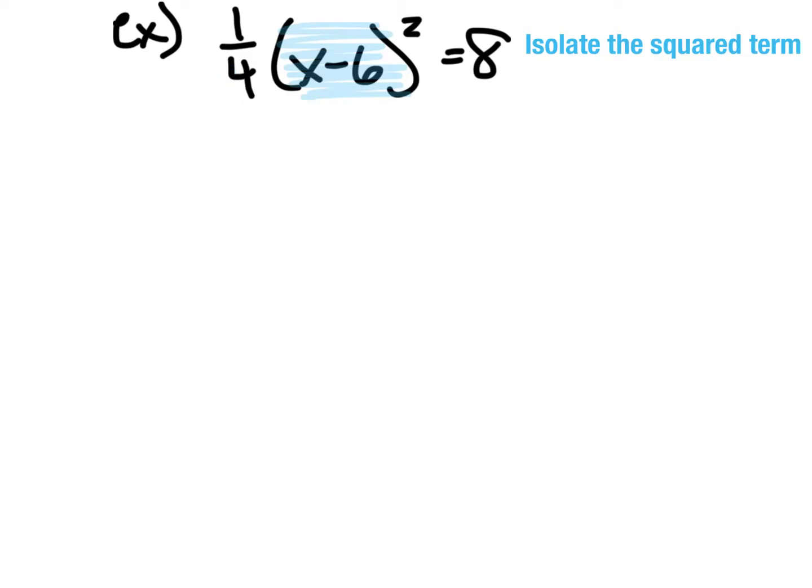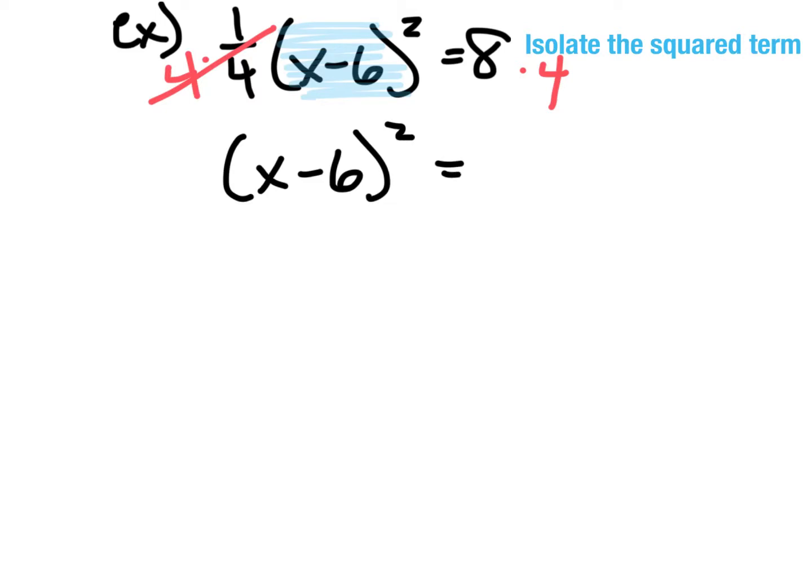How do we get rid of 1/4? Well, dividing by a fourth is the same thing as multiplying each side by 4. See, because 4 and a fourth, they cancel each other. And I have x minus 6 squared equals 32.